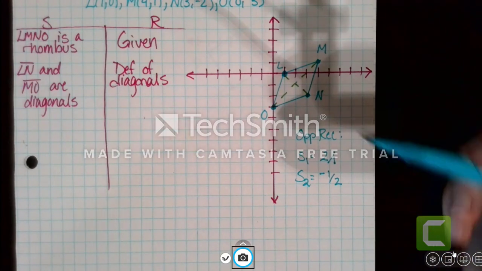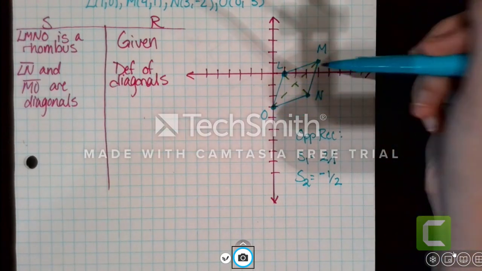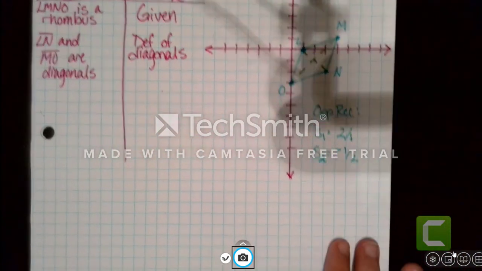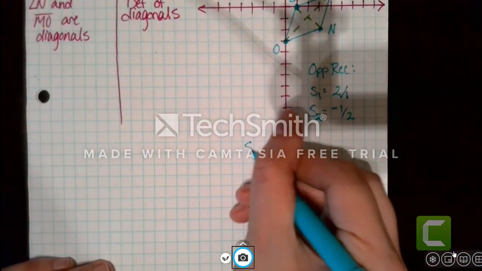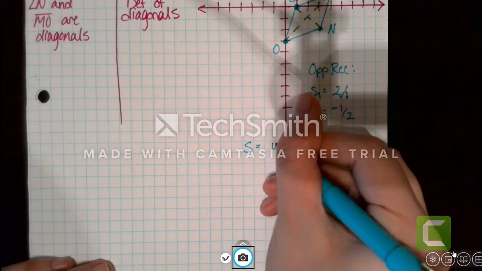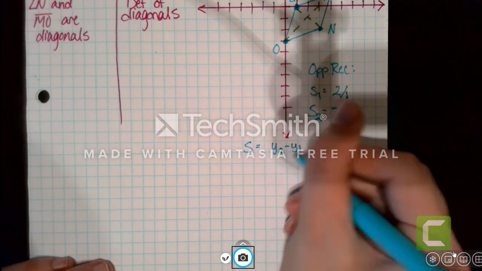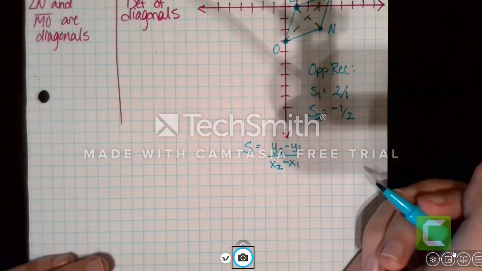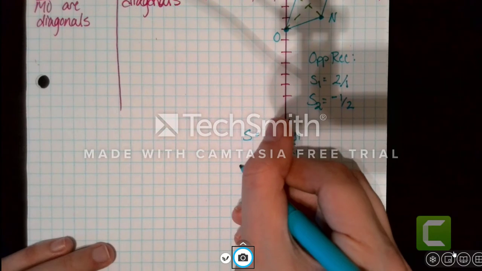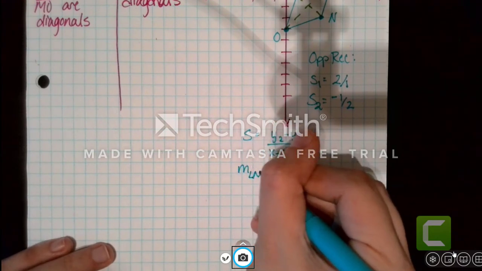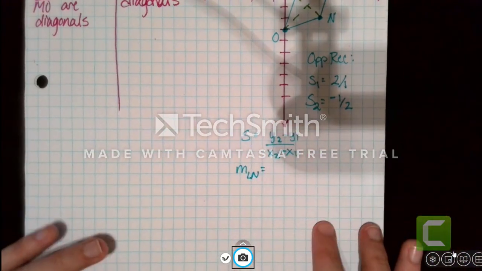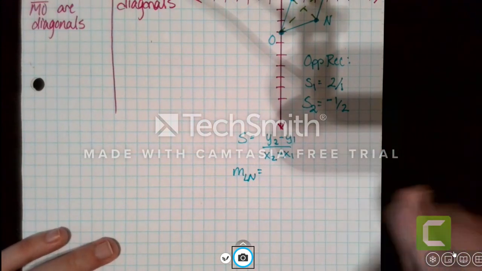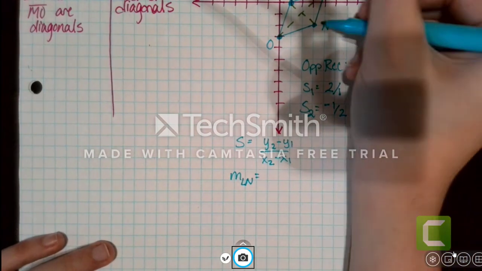So let's find the slope of LN and OM. The slope formula is y2 minus y1 all over x2 minus x1, which means that for the slope of LN, we would have to do the y-coordinate for N. And our y-coordinate for N is negative 2.